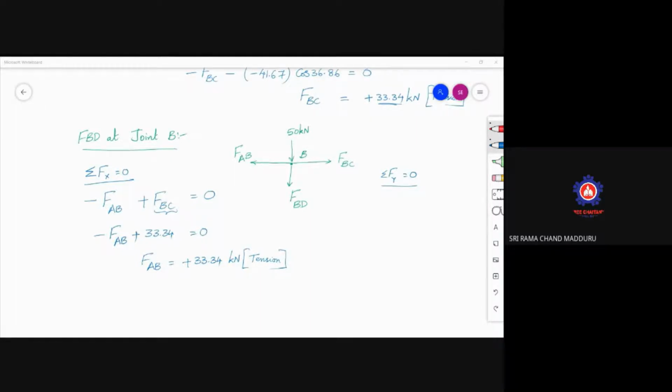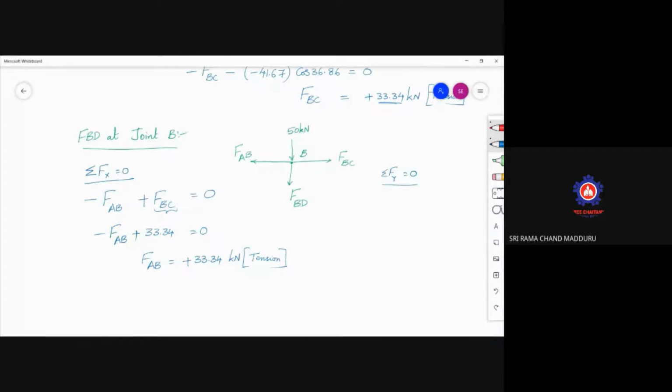Now, FAB is calculated. Next, I will go with sigma Fy. This 50 kilonewtons is acting in the downward direction, minus 50 minus FBD is equal to 0. So FBD is minus 50 kilonewtons.